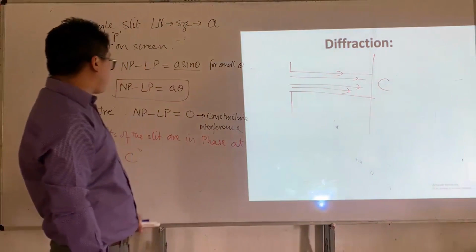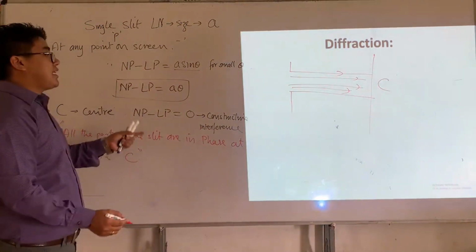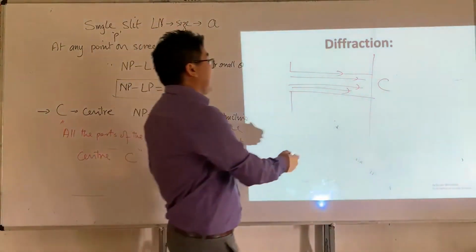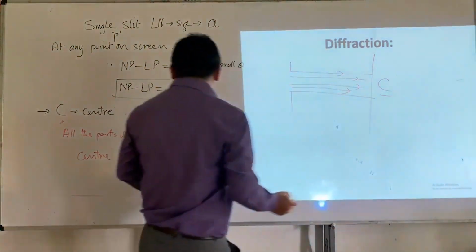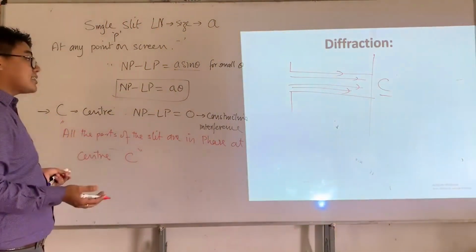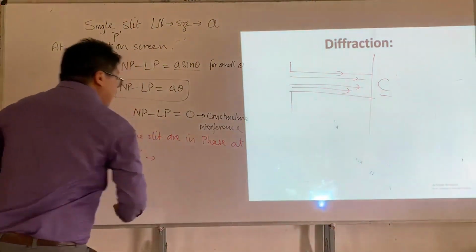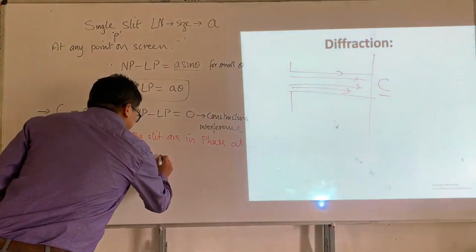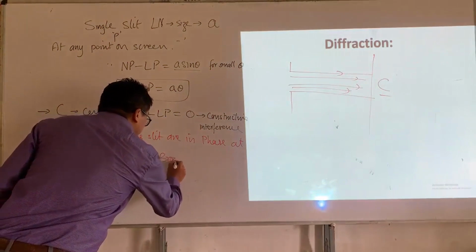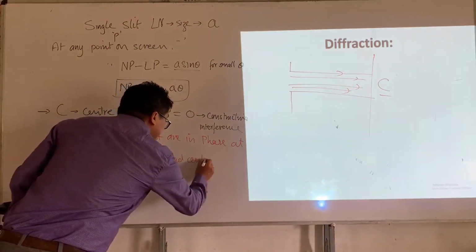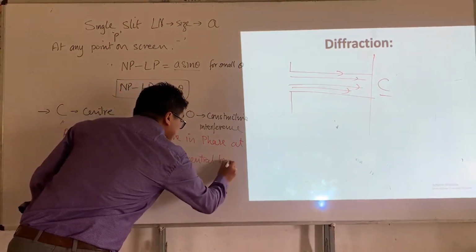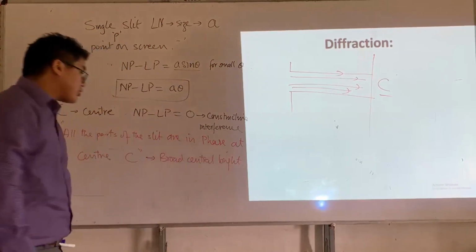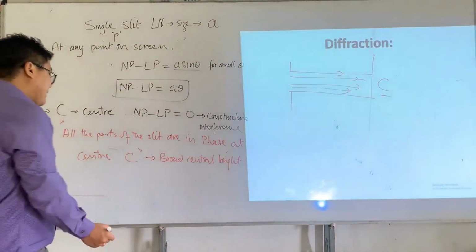That means all the parts of the slit are in phase at point C. Therefore it is constructive, and C is what we call the broad central bright, the maximum.